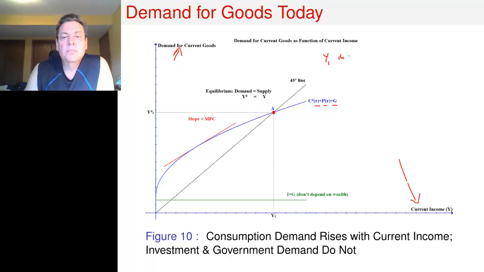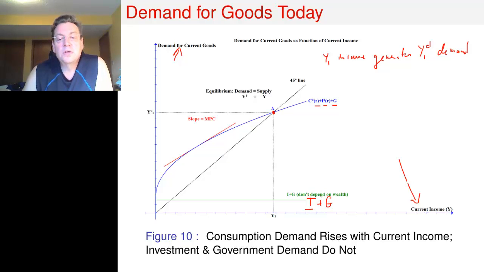So we can think about points along the 45-degree line as being points where Y1 income generates YD1 level of demand. One thing to note is that what we have down here, this horizontal green line, is investment plus government spending. Those things, by assumption, don't depend on wealth, and therefore they're independent of current income.